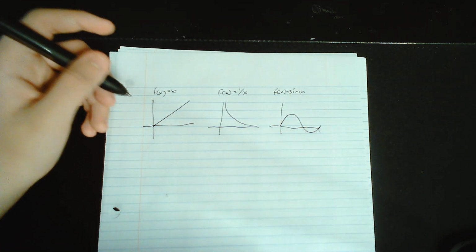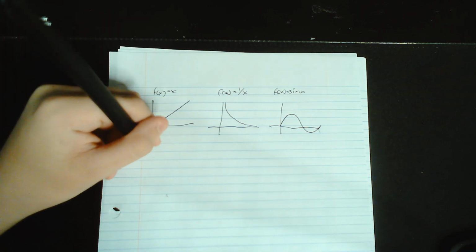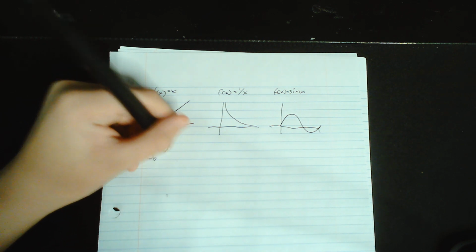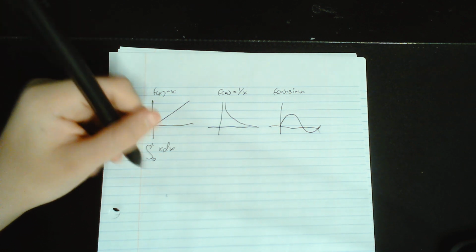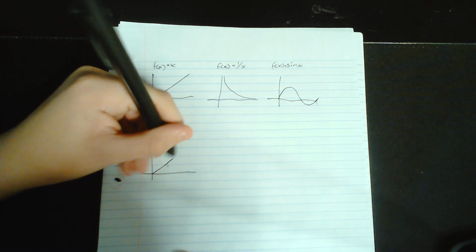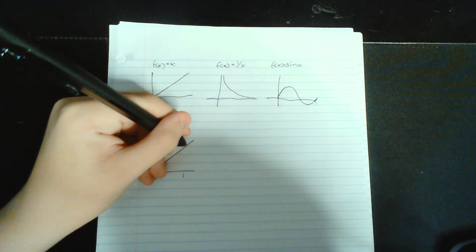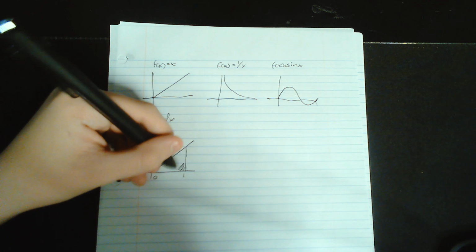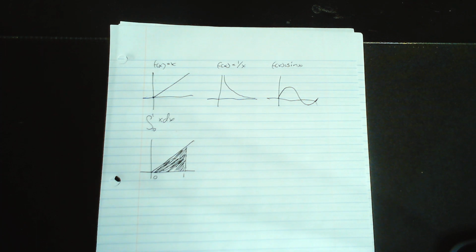Now, in all of these cases, if we were to add these to a definite integral, say the integral from 0 to 1 of x dx, definite integrals are integrals that correspond to the area under a curve. So if we had an integral like this, and we were to draw this out, we have the same function as before, but instead from 0 to 1, we know that this integral corresponds to all of this area right here.